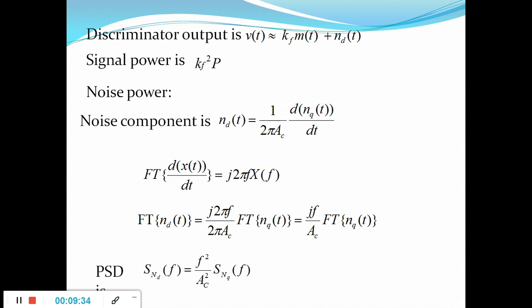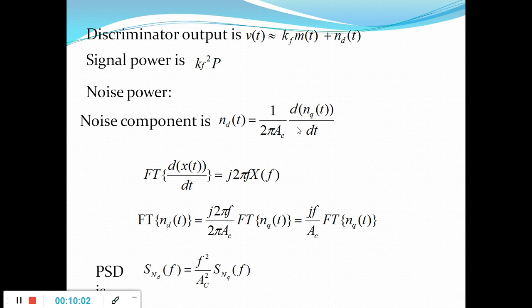Now, let us look at the PSD of nd of t. Before finding the PSD of nd of t, we should know the PSD of nq of t. Now we know that from the property of the Fourier transforms, d by dt of x of t equals j omega X of f.